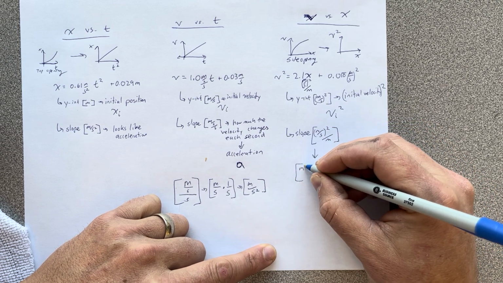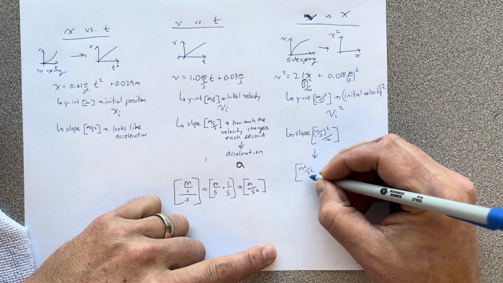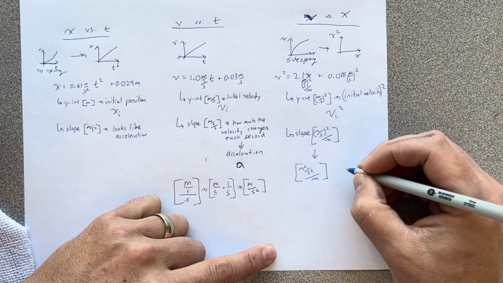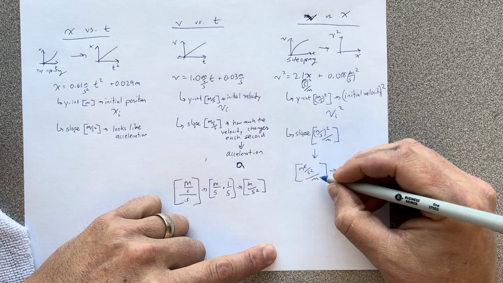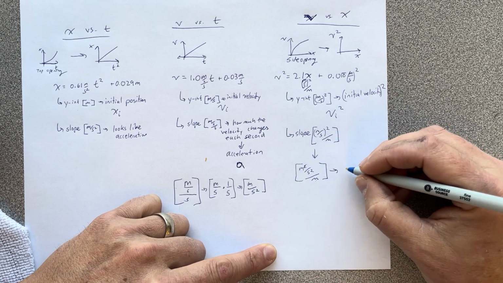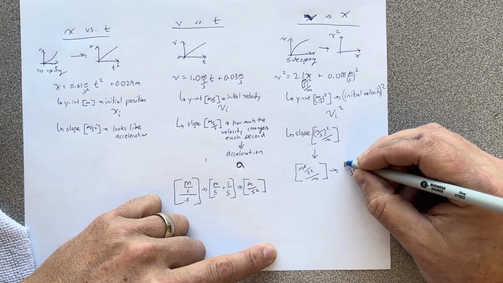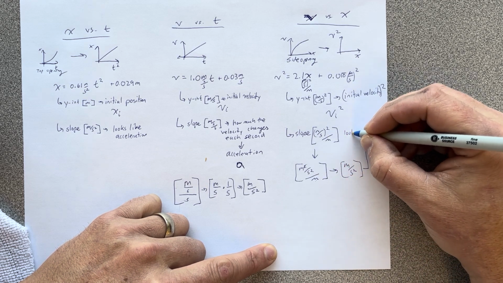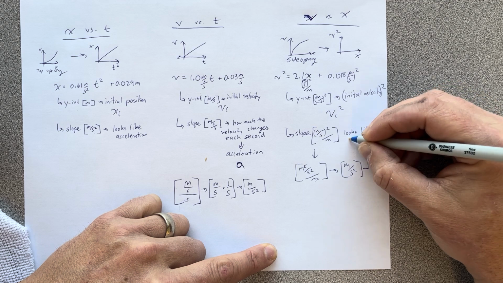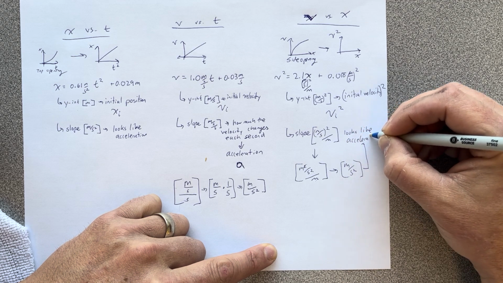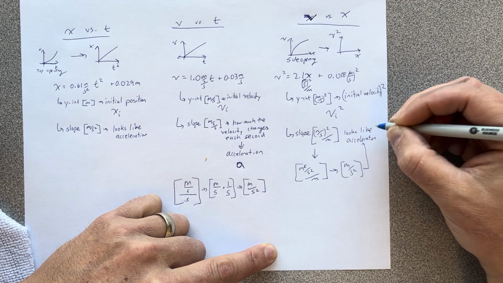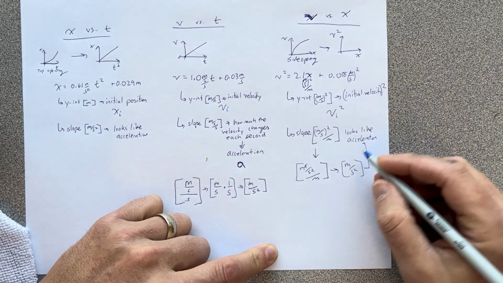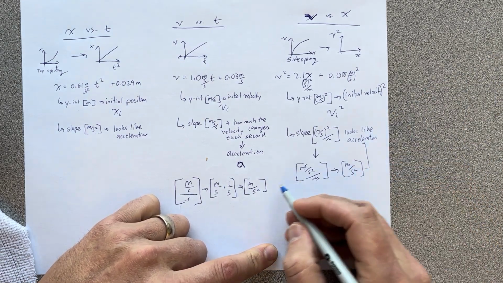If you square that, it's meters squared per second squared per meter, which then gives us one of the meters cancels and we end up at meters per second squared. So this one also ends up looking like acceleration.